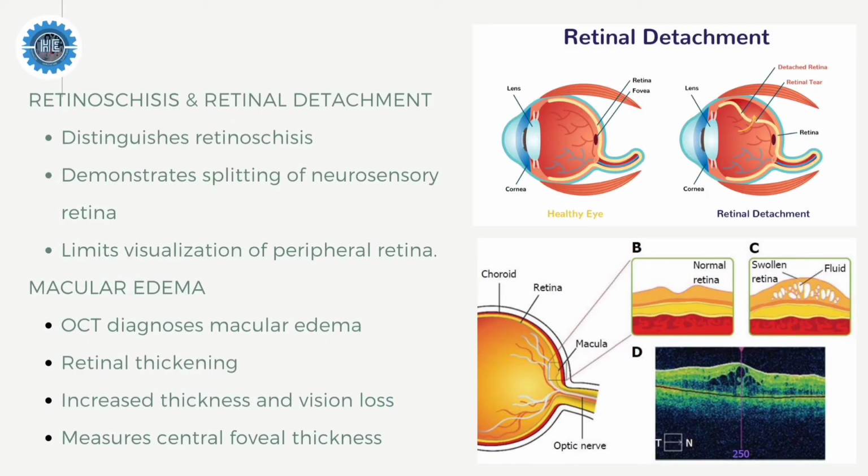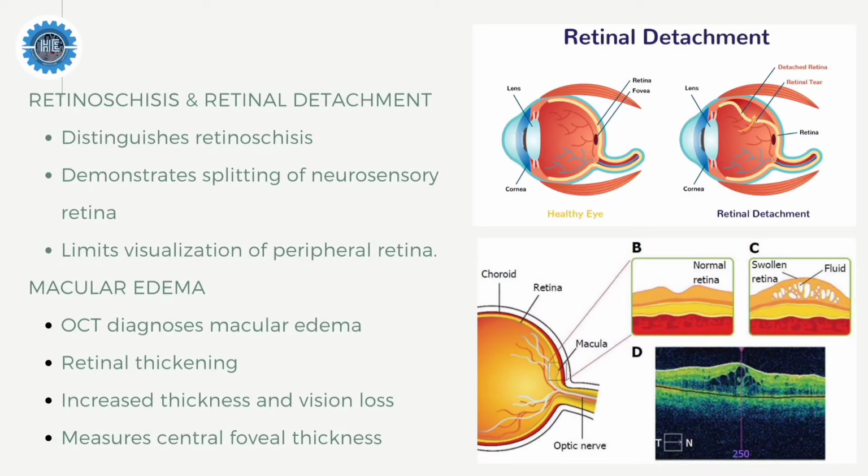Retinoschisis and retinal detachment. The cross-sectional optical coherence tomography image effectively distinguishes retinoschisis from retinal detachment. OCT in retinoschisis demonstrates splitting of the neurosensory retina, which is consistent with known histopathologic separation at the outer plexiform layer.